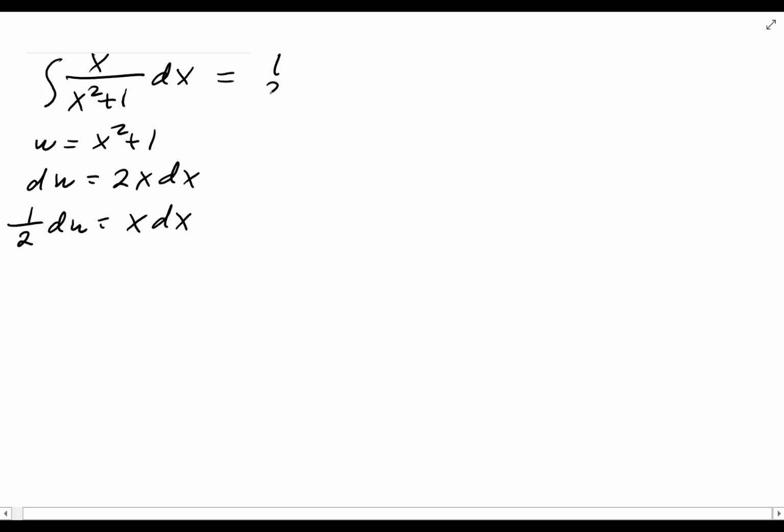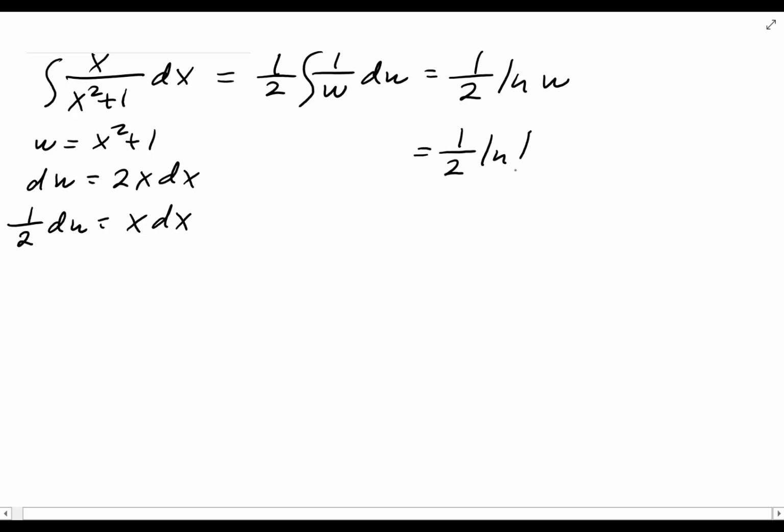So I'll pull out that 1/2. And this is going to turn out to be 1/2 times the integral of 1 over w dw, which is going to be 1/2 natural log of w, which is 1/2 times the natural log of x squared plus 1.